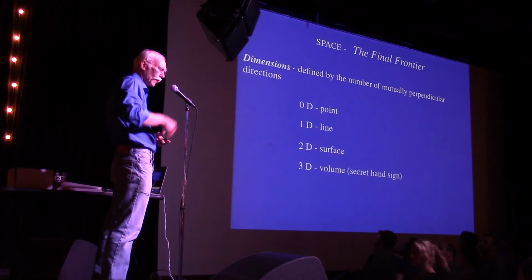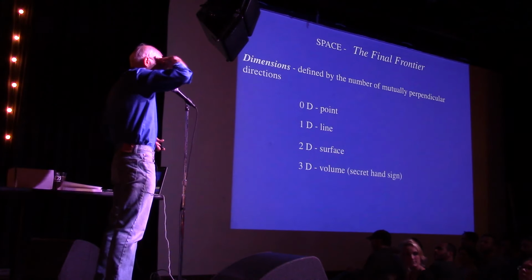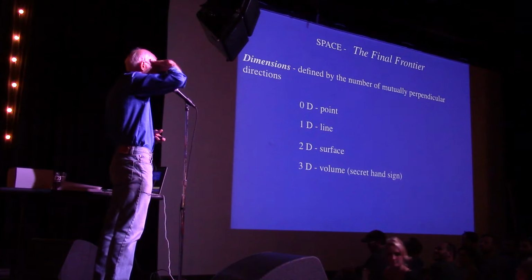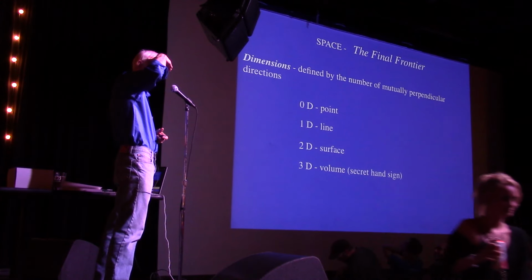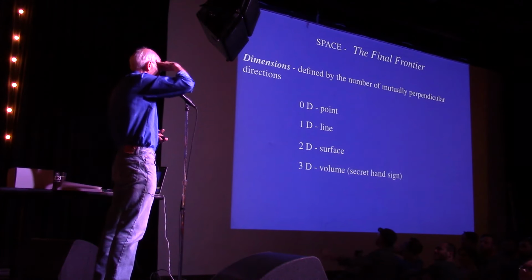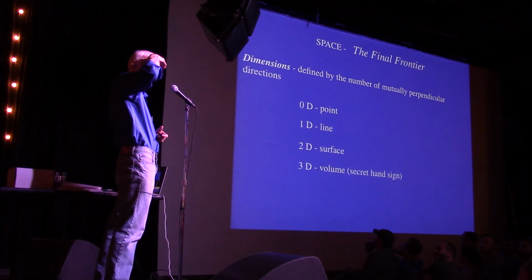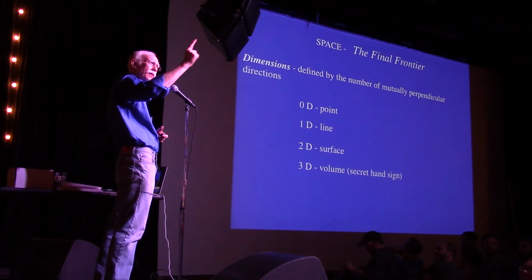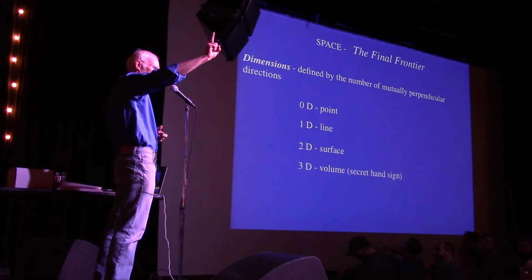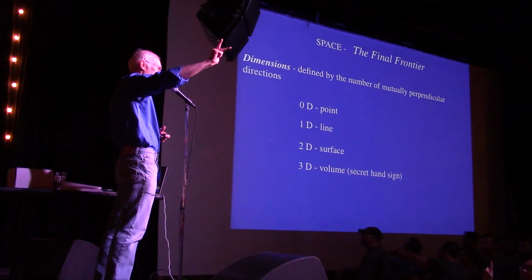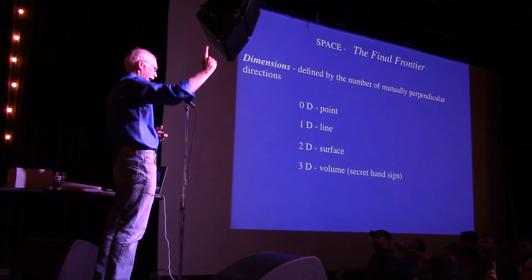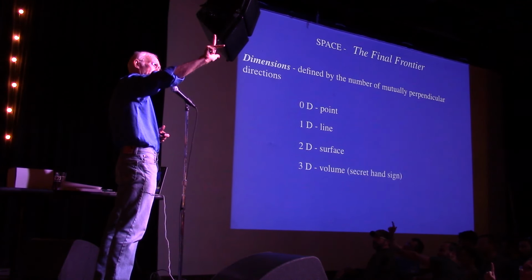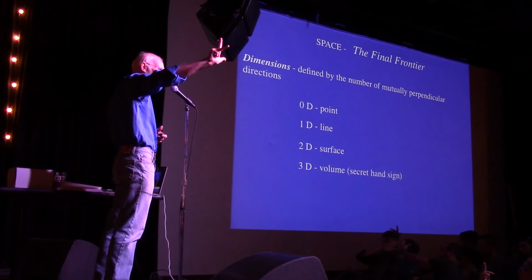Before I go any further, I've got to do this check. I can't finish the talk without making sure you're all members of this secret club, and the secret club is those of us who are three-dimensional. So the way you establish this is extend a finger, and then extend your middle finger perpendicular to that, and then extend your thumb perpendicular to that.